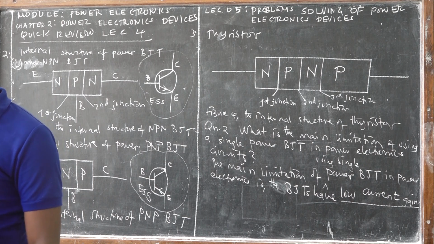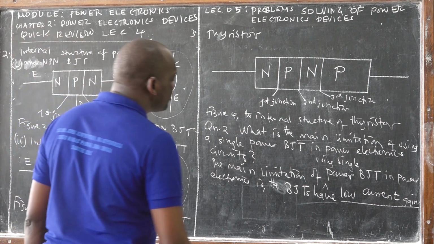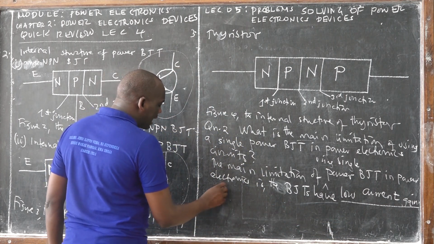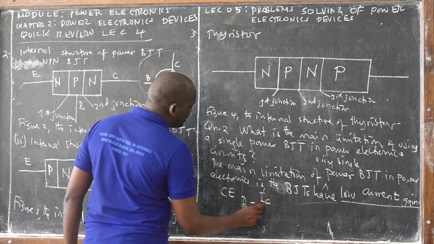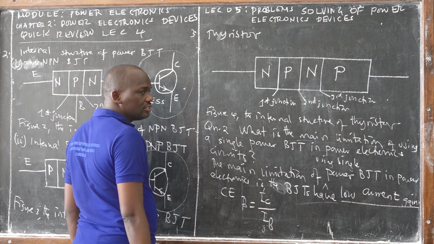So the nature of bipolar junction transistors is that they have low current gain. When we talk about low current gain, in common emitter the current gain is computed as the collector current over the base current.